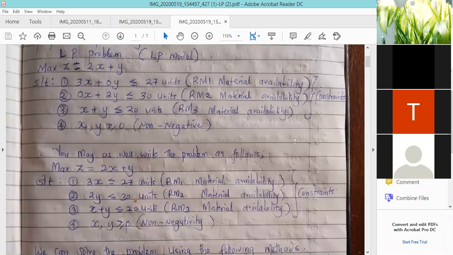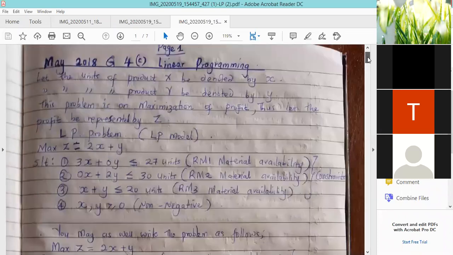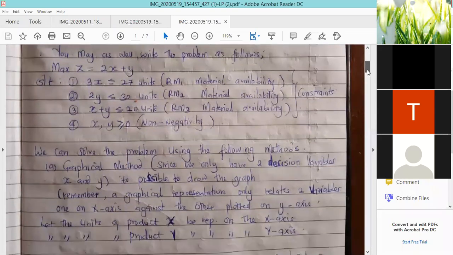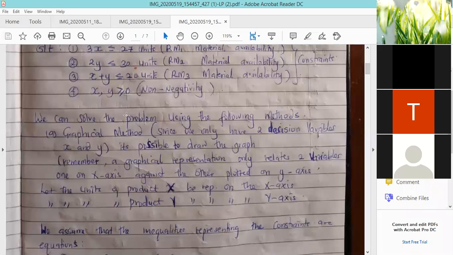Remember, our decision variables, we had said, these are the X and the Y units, which we had already stated. At no point should you produce some units on your farm and end up having a negative amount of production. There has to be some units. They can maybe be 0 units, but we can never have a negative value.